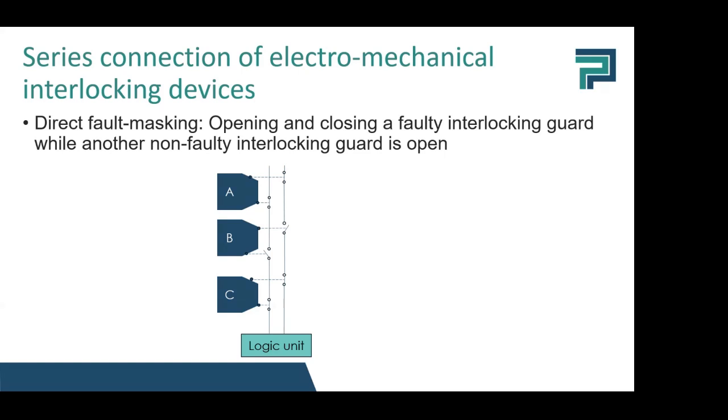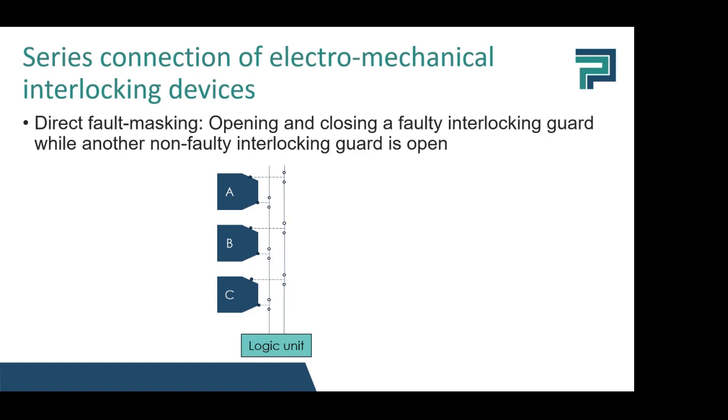Then I open another guard, guard A, but as you can see, one of the contacts remains stuck. Normally the logic unit would see a fault, but it can't because interlocking guard B is open. If we close A again, the logic unit hasn't seen anything. And if we then close B again, no fault is detected.